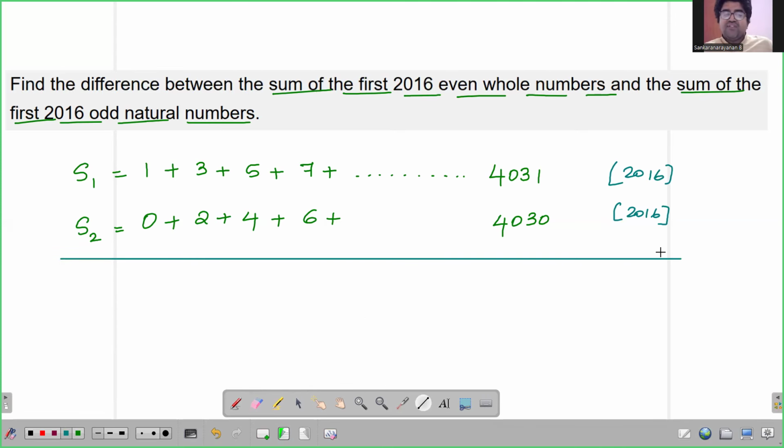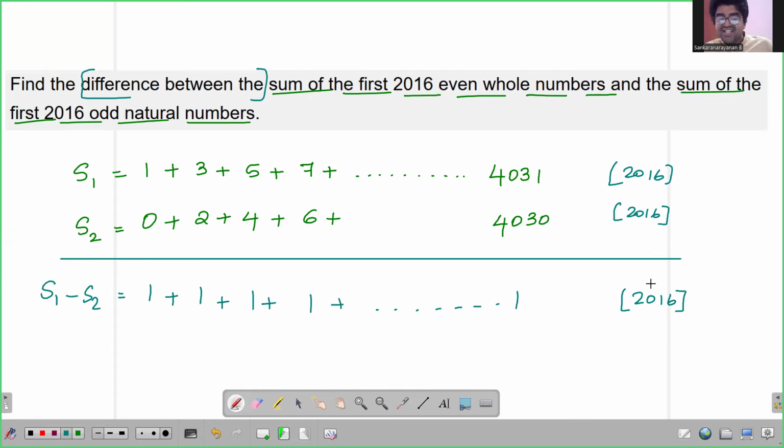Now, they are asking you to take the difference between these two sums. So if I take S1 minus S2, don't you see 1 minus 0 is 1? Just observe: 3 minus 2 is 1, 5 minus 4 is 1, 7 minus 6 is 1. Likewise, when you extend it, 4031 minus 4030 is 1. You are just taking the sum of all these, and altogether you are taking the numbers 2016 times.